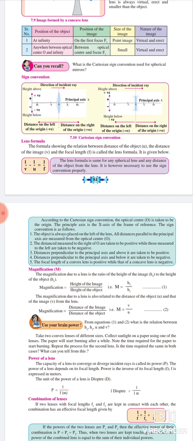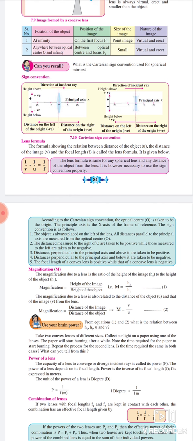All distances parallel to the principal axis are measured from the optical center O. Distance measured to the right of O is always taken as positive, and distance measured on the left of O is taken as negative.